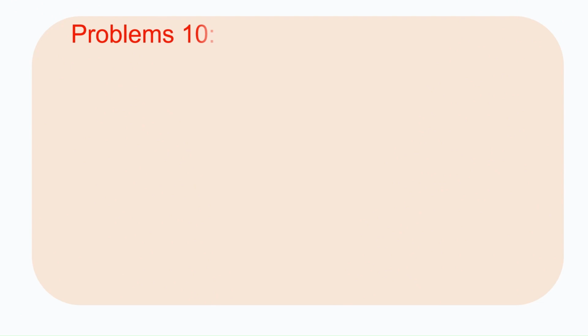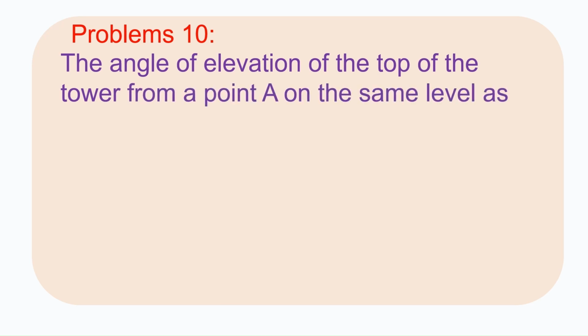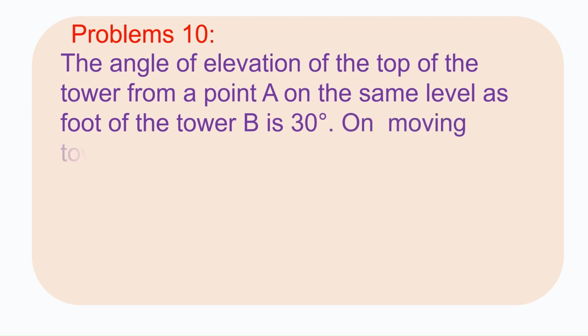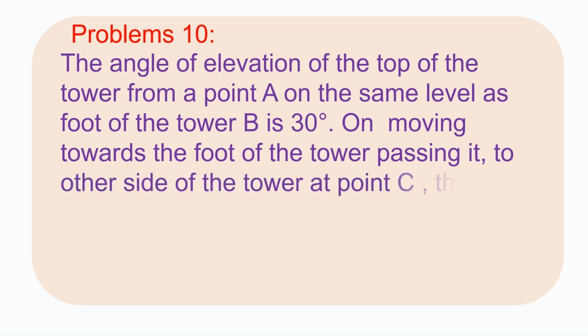Problem number 10. The angle of elevation of the top of the tower from a point A on the same level as foot of the tower B is 30 degrees. On moving towards the foot of the tower, passing it to the other side of the tower at point C, the angle of elevation is 60 degrees.